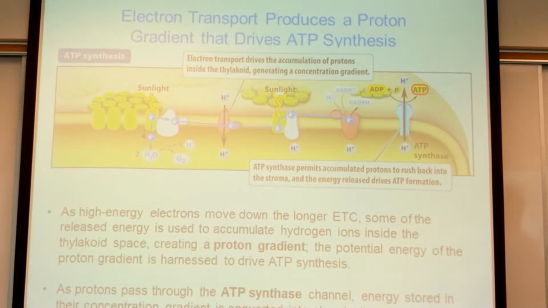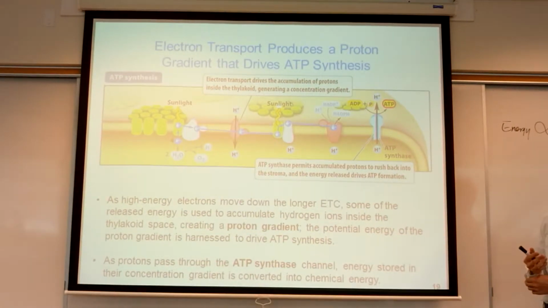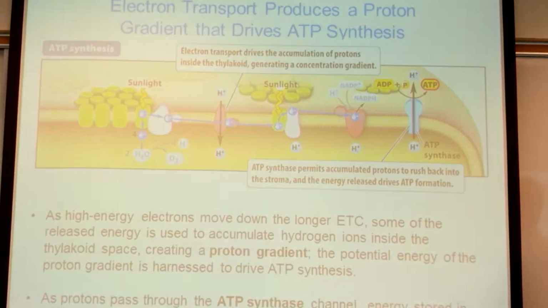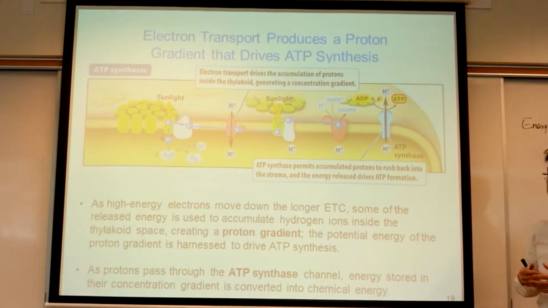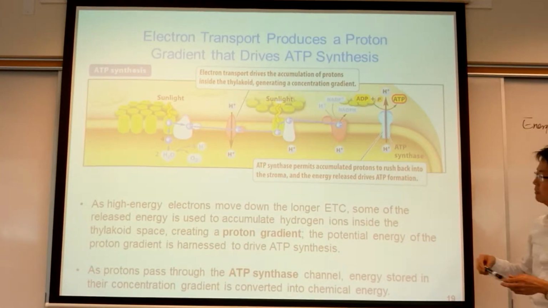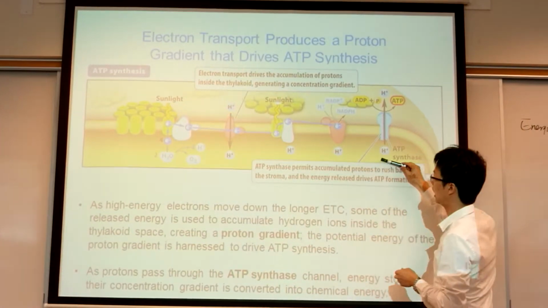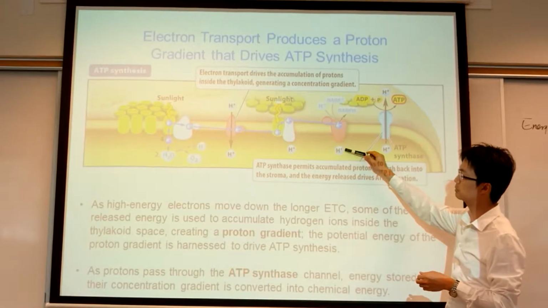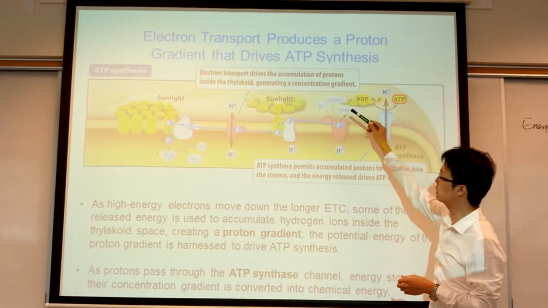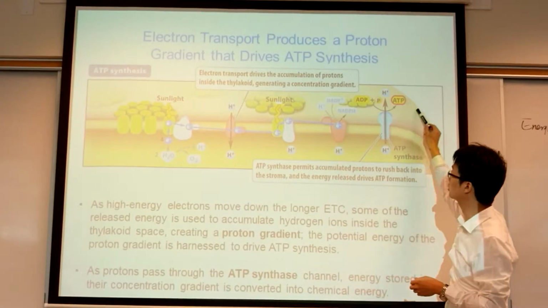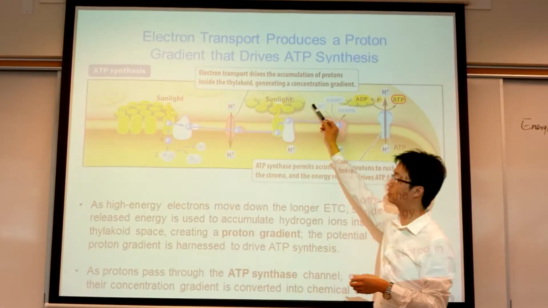And then, how do we make ATP? The making of ATP is very, very similar to the making of ATP in cellular respiration. Remember that we have a very high concentration of hydrogen ion in the thylakoid space, but a relatively low concentration of hydrogen ion in the stroma.